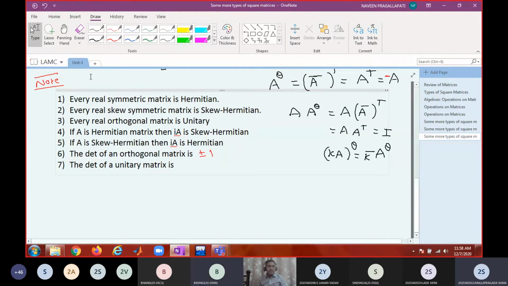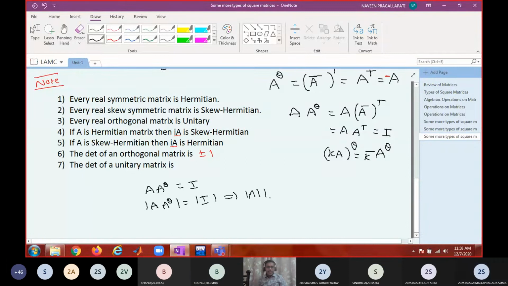A into A^θ is equal to I. Apply modulus on both sides. Mod of A A^θ equal to mod I. That is mod A into mod A^θ equal to 1. But what is A^θ? A bar whole transpose.